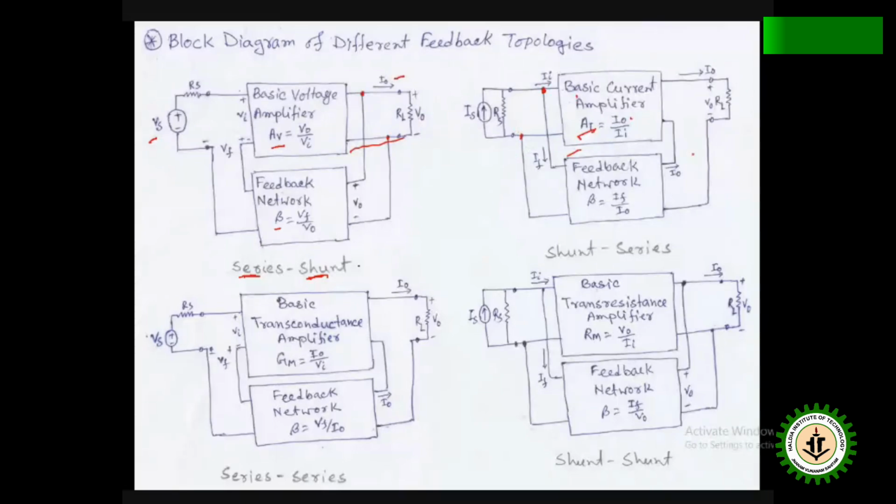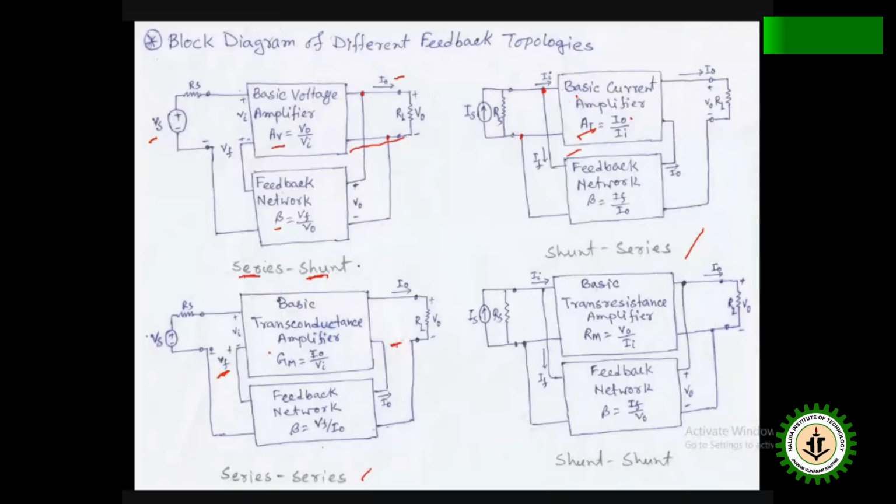So this is your shunt series. And series, that means current sampling and series mixing. So series mixing, you see here Vf, and here current sampling also in series.